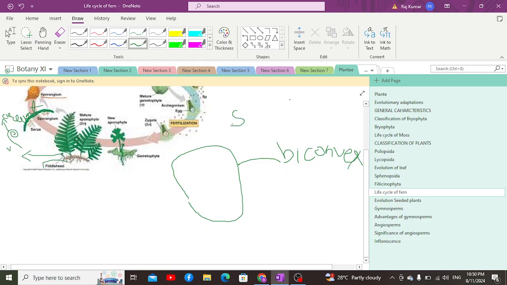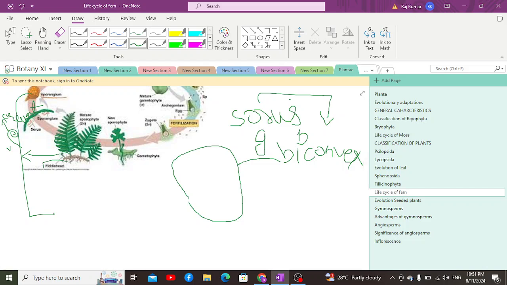One more thing I would like to highlight is that the sorus is green in color when it is young, but when it matures, it turns brown. As you may see in the diagram, the sporangium here is brown rather than green, which indicates that it is mature and ready to burst and release all the spores for dispersal.